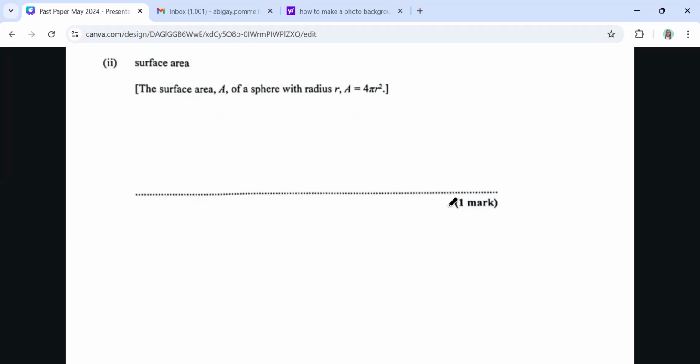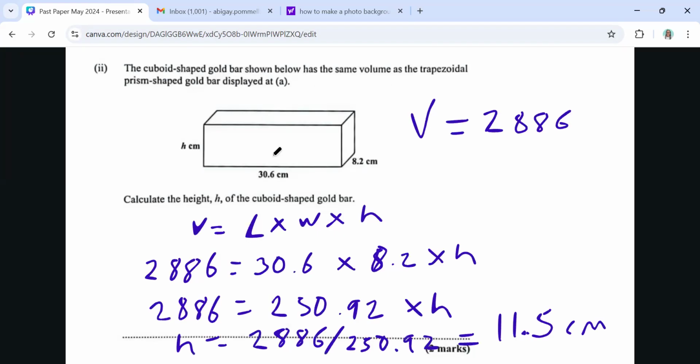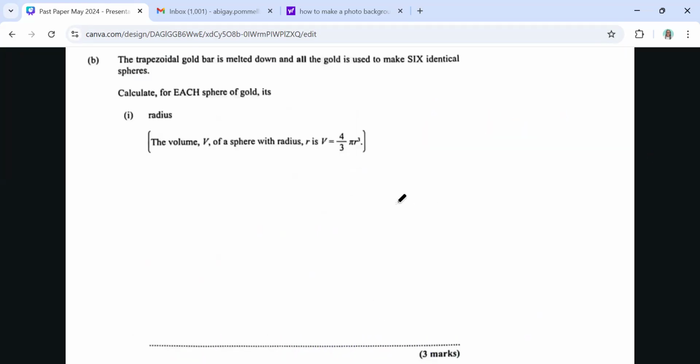All right. Moving on. The prism gold bar is melted down and all the gold is used to make 6 identical spheres.